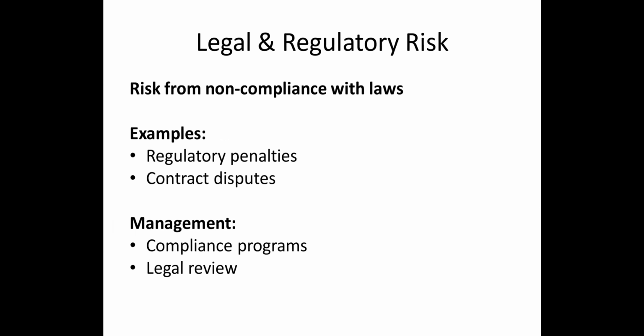Legal and regulatory risk. Risk from non-compliance with laws. Example, regulatory penalties. In a bank, if the bank does not supply the record of creditors to the RBI, what will happen? The RBI will punish banks or financial institutions with a high amount, for example, 50 lakhs, 1 crore.